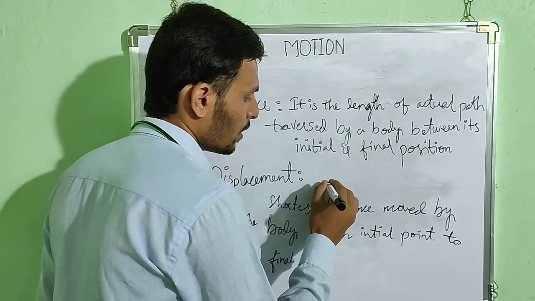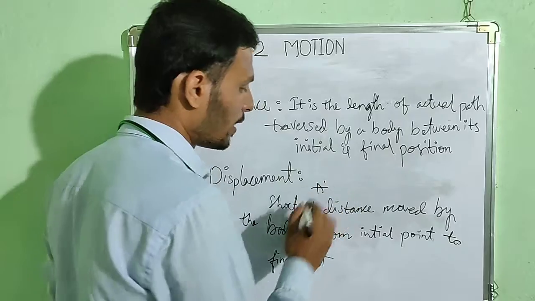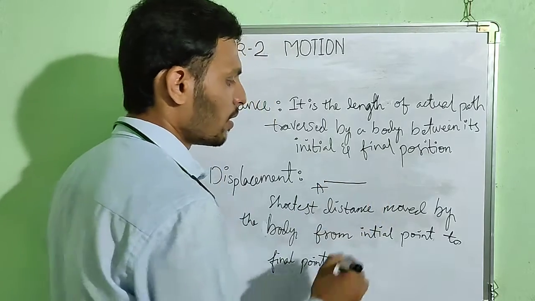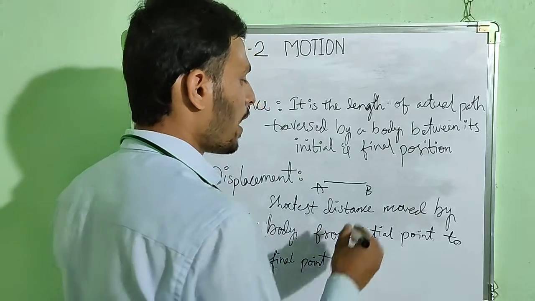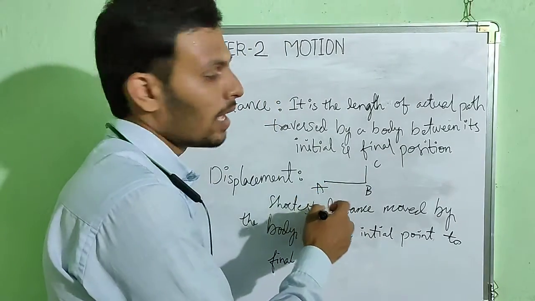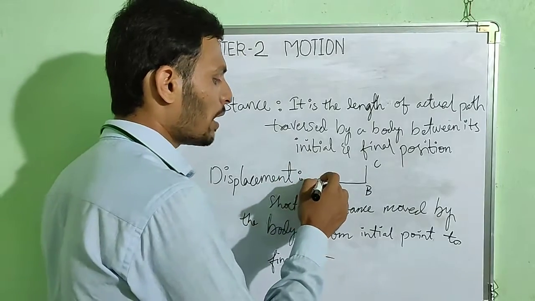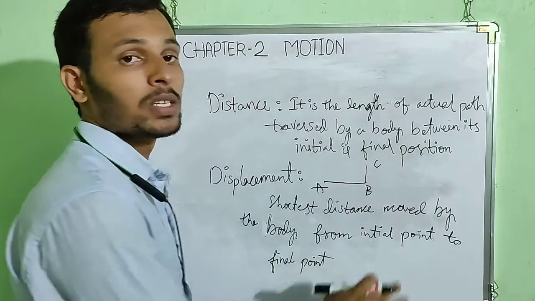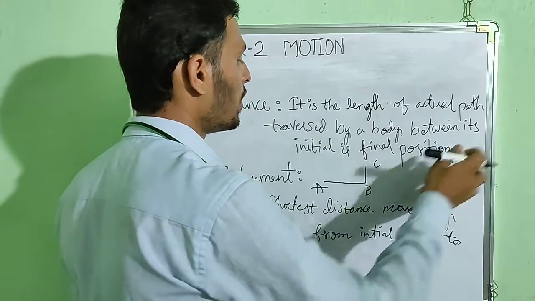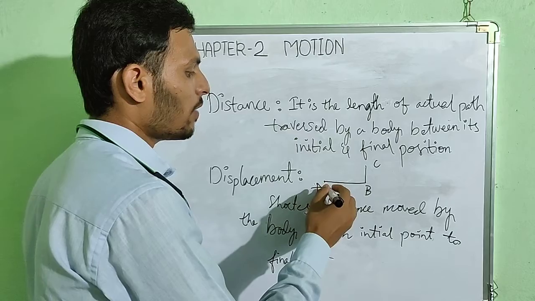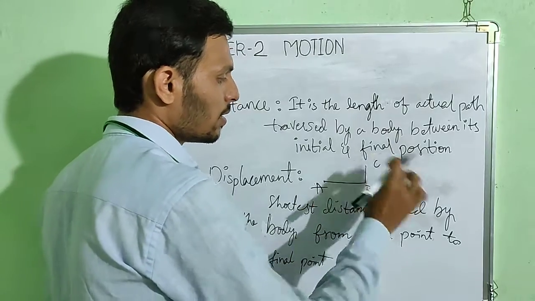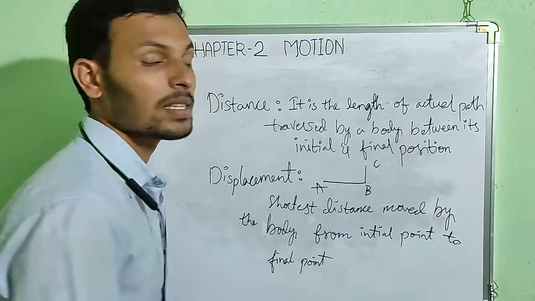Let us consider this is your starting point A, and you are moving in this direction to B. This is point B, and you are moving north to C. So traveling from the initial point A to the final point C, this length of the actual path traversed is known as distance.